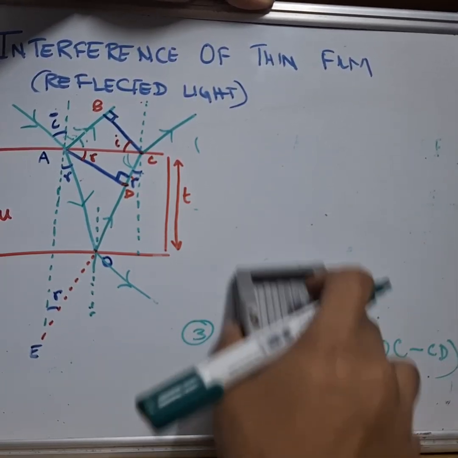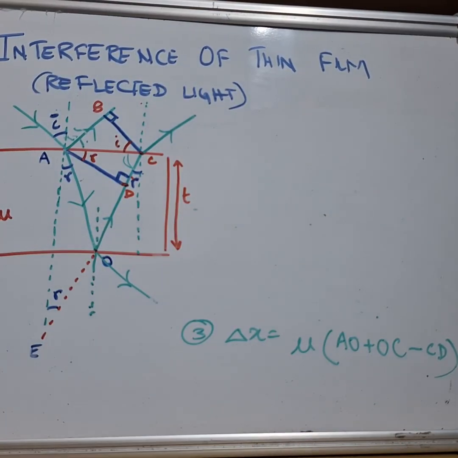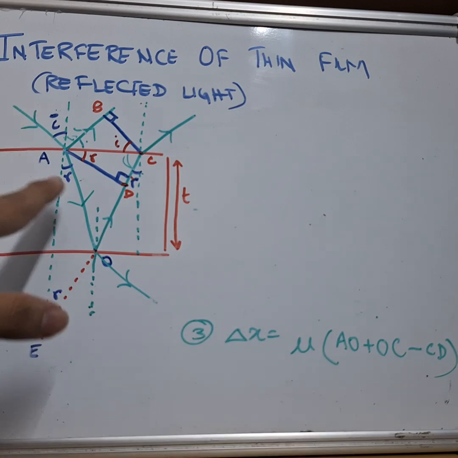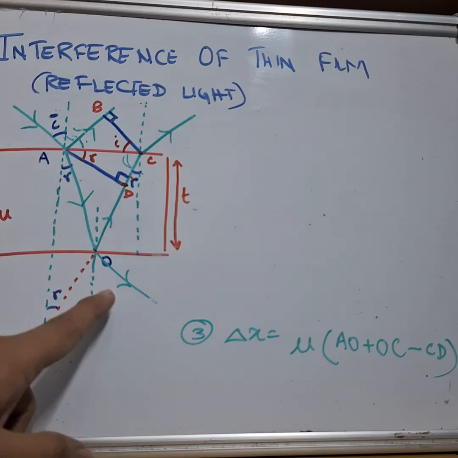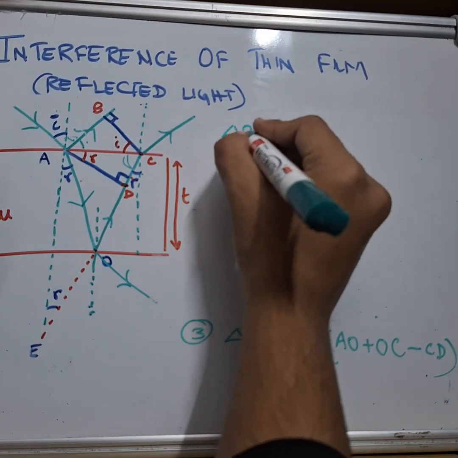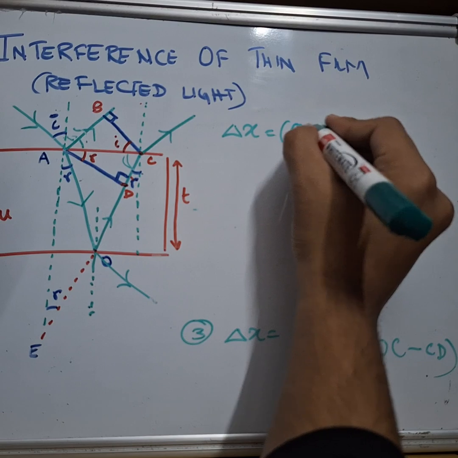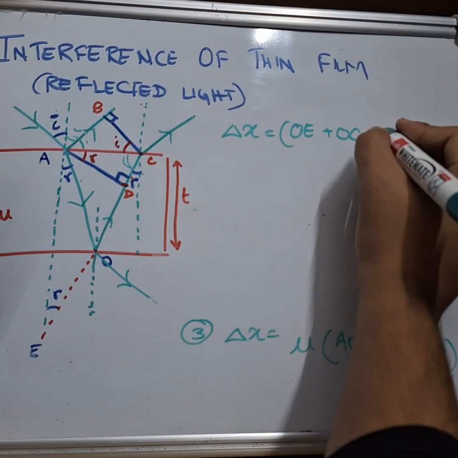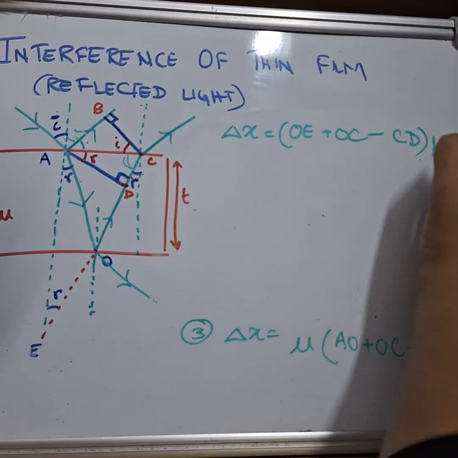Let this equation be our main equation. We see that this angle r is equal to this angle r, right? By the isosceles triangle law, we can say that AO is also equal to OE. So we can put here del x equals, in place of AO we write OE, plus OC minus CD, into mu.